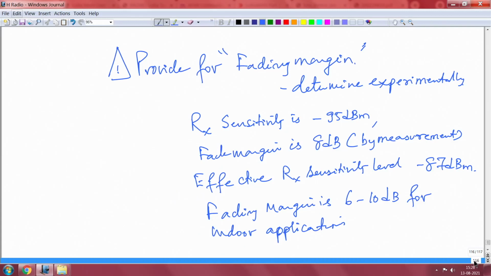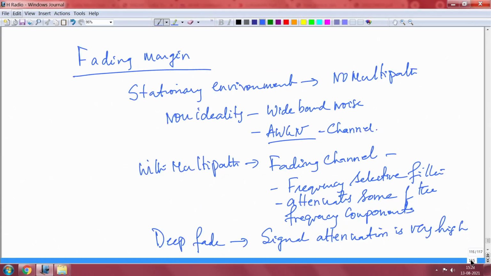So there is a formal definition for all of this which you should keep in mind, and I would like to tell you about that here. See, if you have a stationary environment, that means there is no multipath at all, which is very ideal. It is impossible to have a situation like that, okay. Without any multipath, it is a stationary environment, okay.